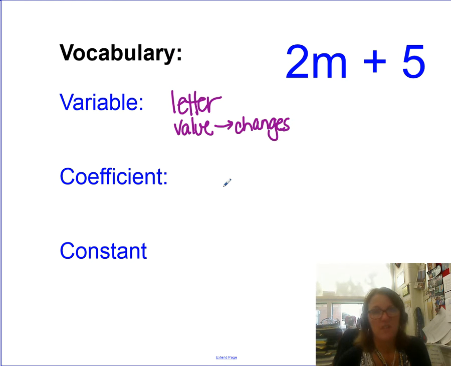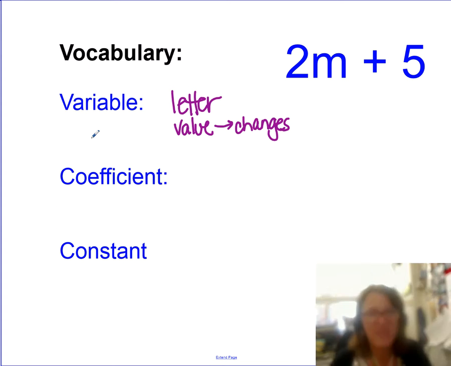It could be any letter of the alphabet, and it represents a value that changes. That's why we call it variable. Think about something that varies, it fluctuates, it changes. Variable.